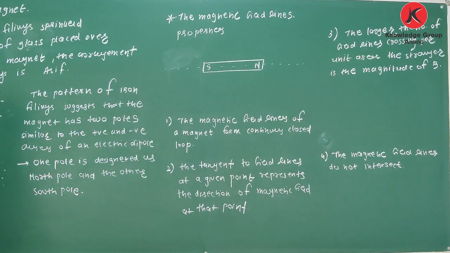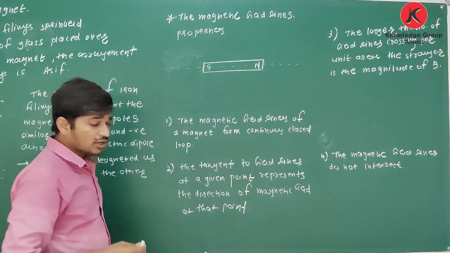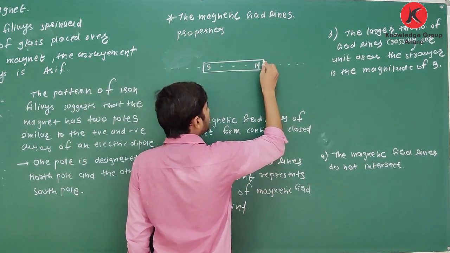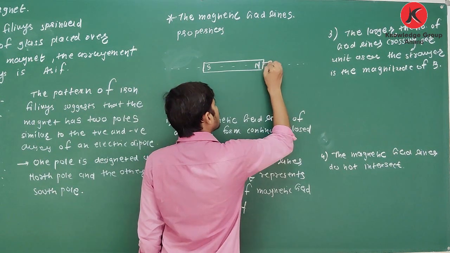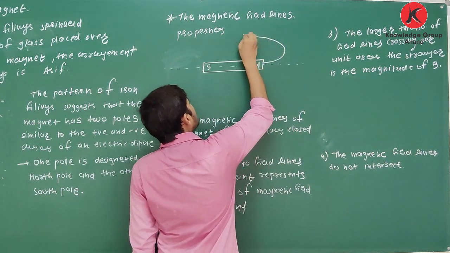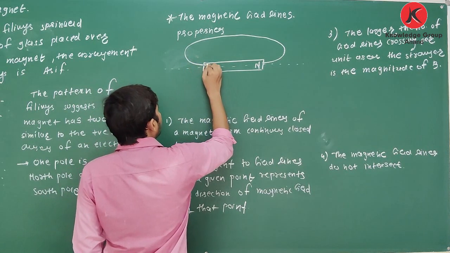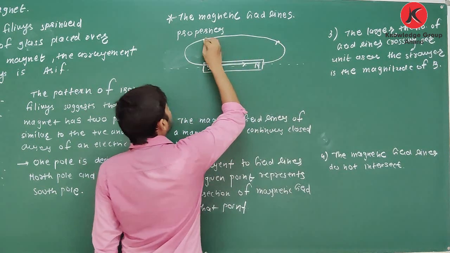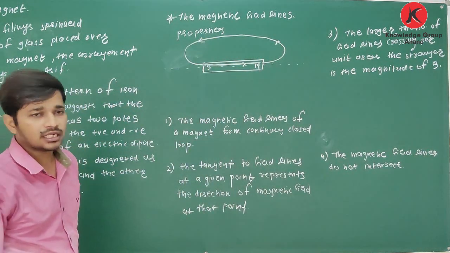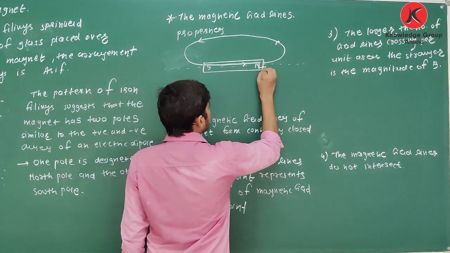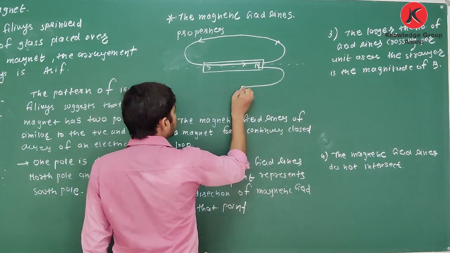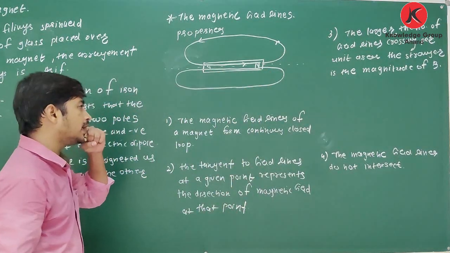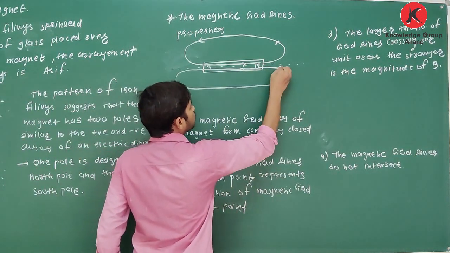From this pattern, or from experiments, it is proved that magnetic field lines start from the north pole and move towards the south pole outside the magnet, and inside the magnet they move from south to north. Outside the magnet, field lines emerge from the north pole and enter the south pole, and inside the magnet they move from the south pole to the north pole.